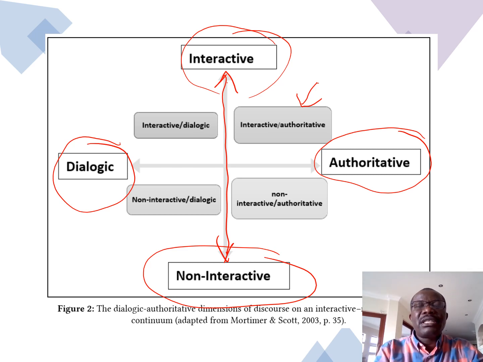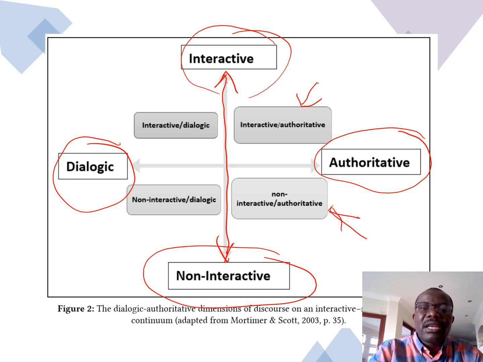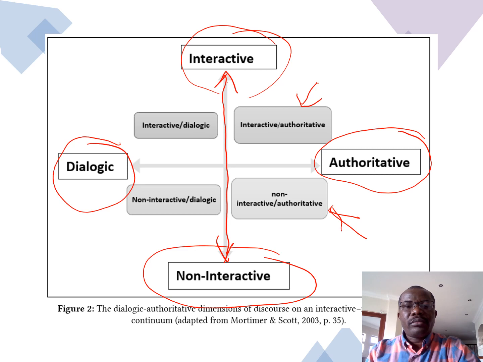So it could be a situation where, even when a learner tries to ask the teacher to look at a different perspective of things, a different solution process, the teacher says, no, this is how it is done, and that's final. And this other quadrant is when it is non-interactive and authoritative.